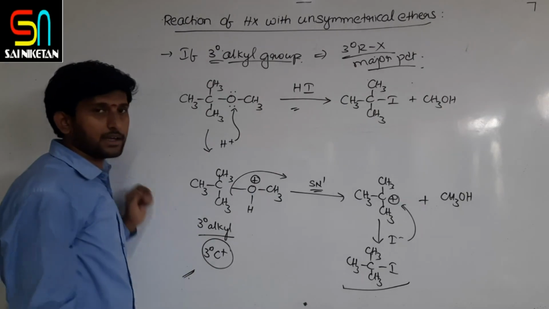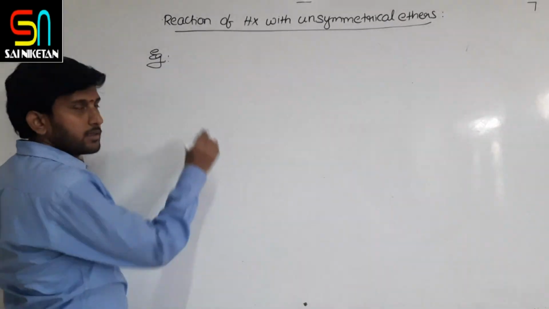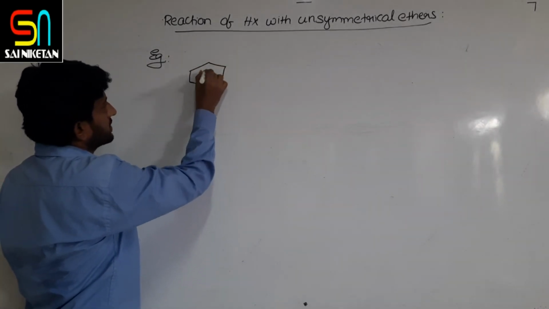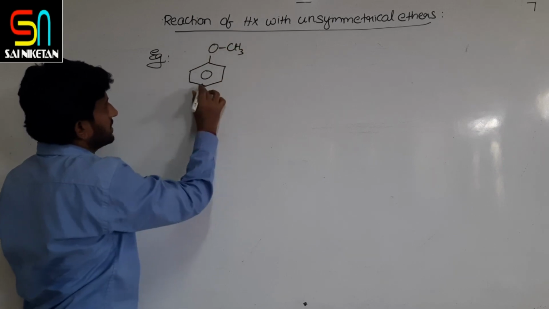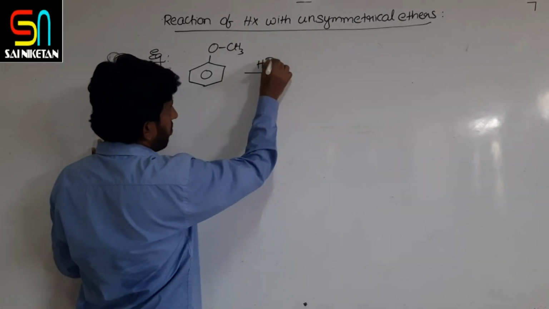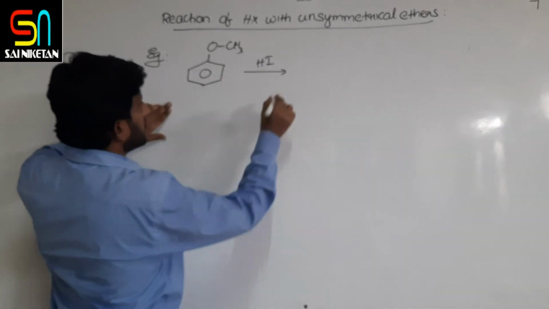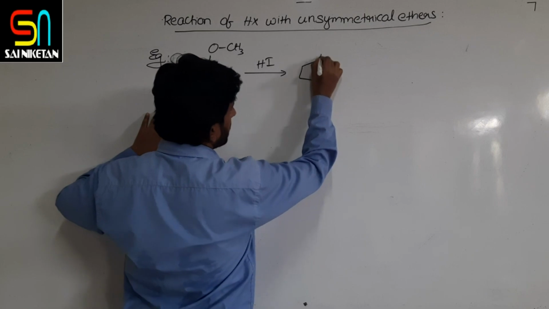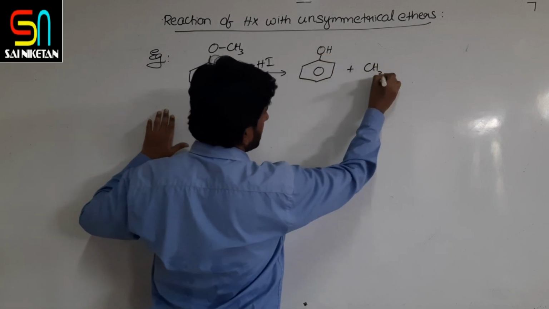If aryl ethers are present, for example, I am taking anisole, methoxybenzene. If methoxybenzene reacts with HI, you will get phenol along with methyl iodide.